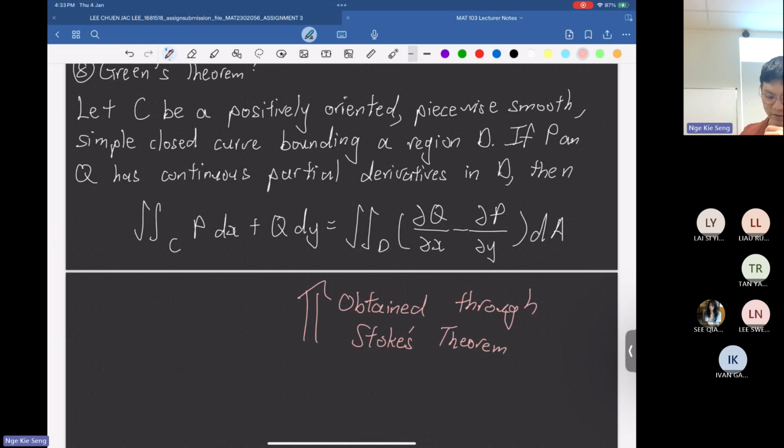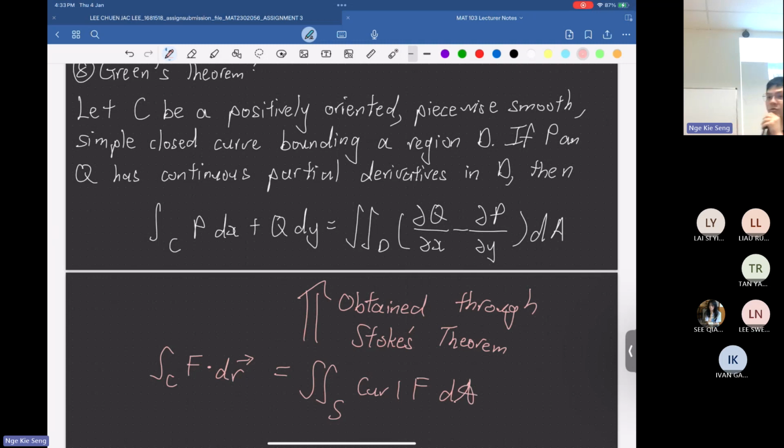So what does Stokes' theorem tell you? Stokes' theorem says that if I have a line integral of a vector field, which is the work done, this is equal to the surface integral of curl F dot dA.